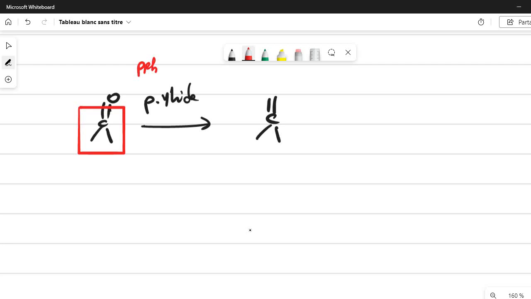Sorry, let me just write it to understand. PPh3, like this, and here a P=C bond. It depends on what we have here, R and R.